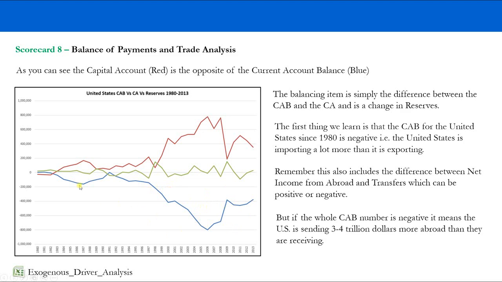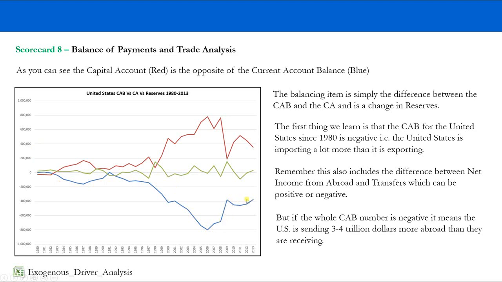So what's happening is that from 1980 to 2006, the US is a net importer in the current account balance, and they're sending much more foreign currency abroad in dollar terms than they're receiving in dollars. And then since 2006, this position has improved in the current account balance.